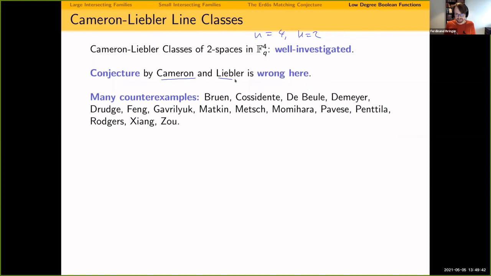Nowadays you have a very, very long list of various different counterexamples for this conjecture. In the particular case, and I cannot overemphasize this, only for k equals 2 and n equals 4, but for any prime power q larger than 2, I think. Maybe you skip a few even prime powers, but you have a lot of counterexamples.